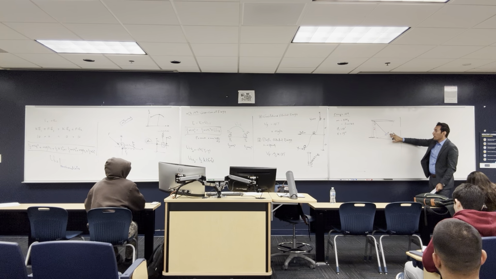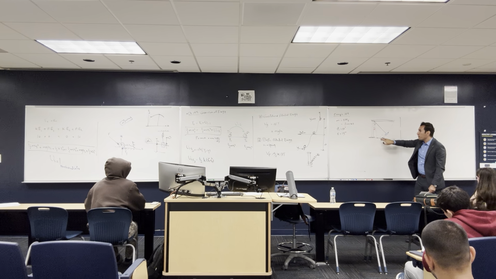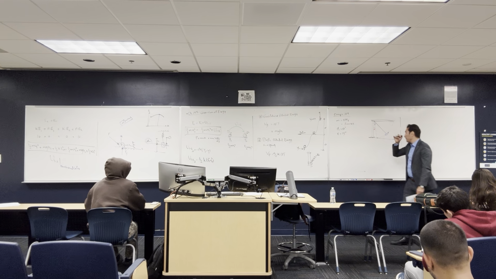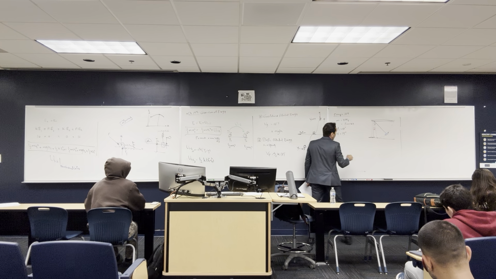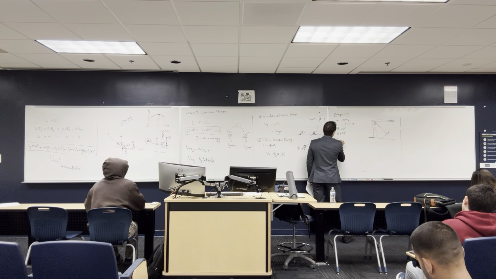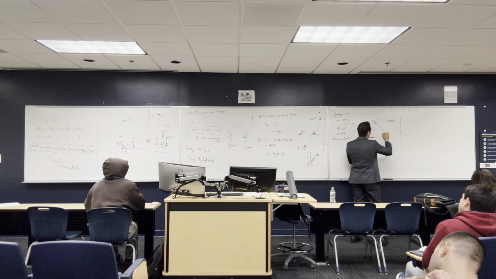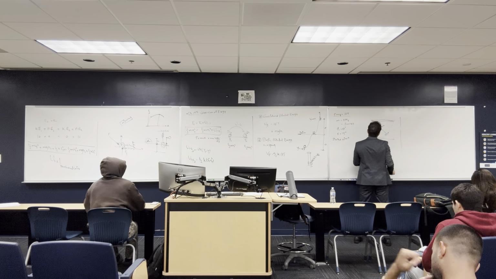Once you cut it, it's going to have a velocity until it crashes. I want you to give me the velocity just before it crashes. So it starts at rest. I give you that this distance is 20 meters.